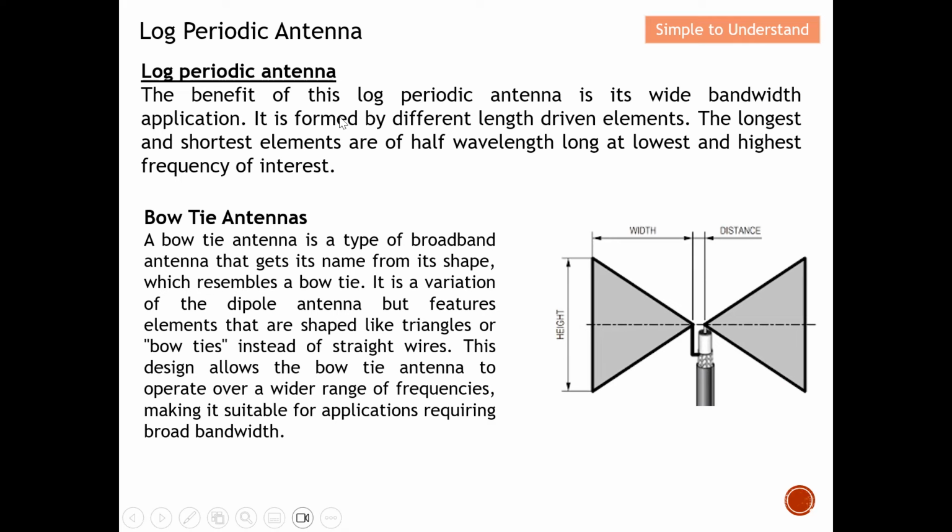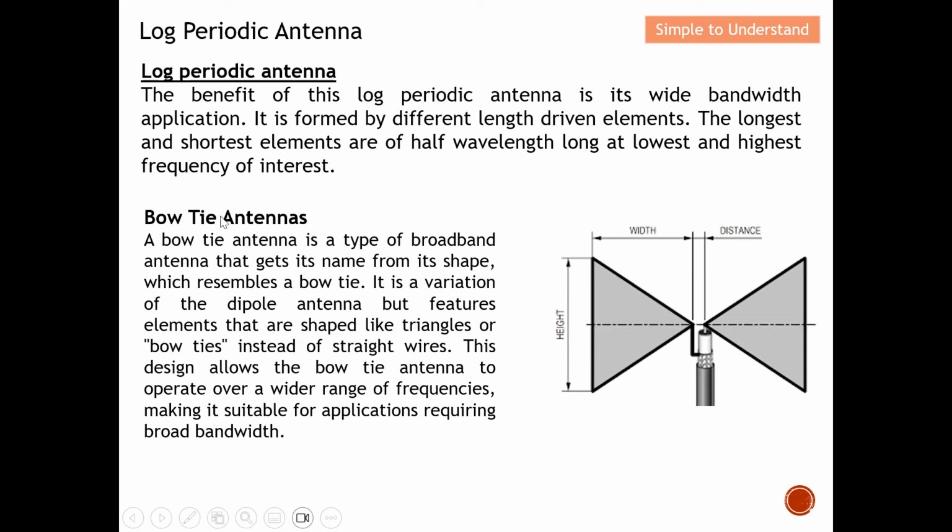The longest and shortest elements are half a wavelength long at the lowest and the highest frequency of interest. Under this log periodic antenna, we have the bow tie antenna. You can imagine that it is quite similar to the dipole antenna, but instead of a wire, it has an antenna shape that looks like a bow tie.